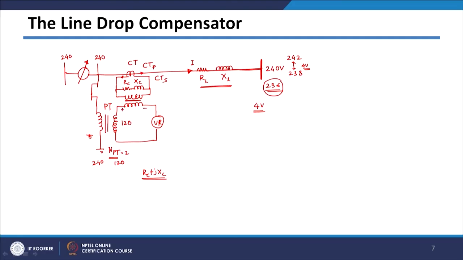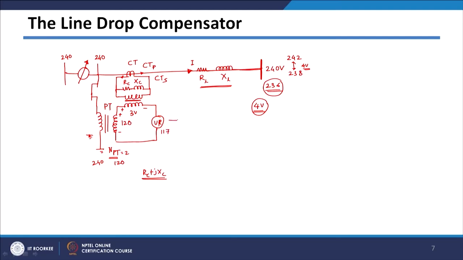So, this drop will be just opposite to the voltage here. Suppose some current is flowing and here we are getting say 3 volts drop because of this. In that case the voltage across your relay is 117.